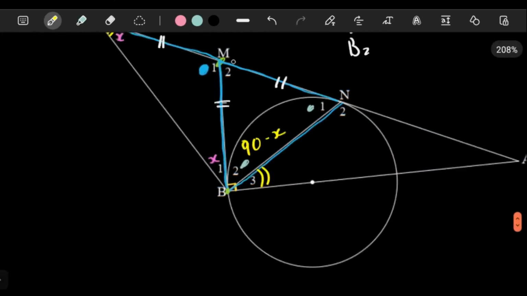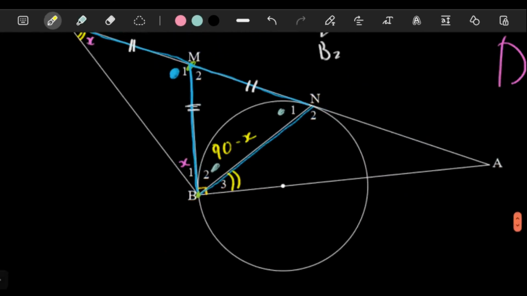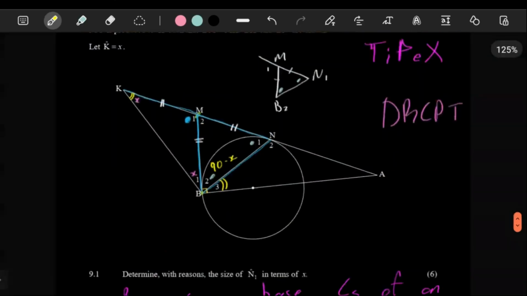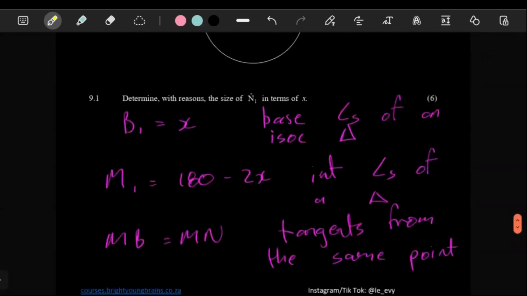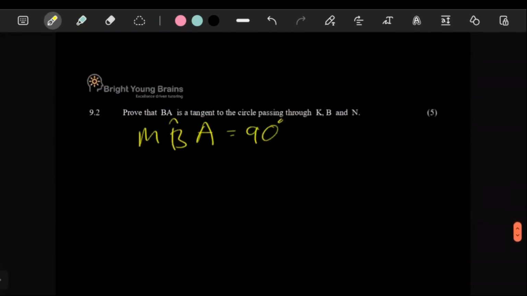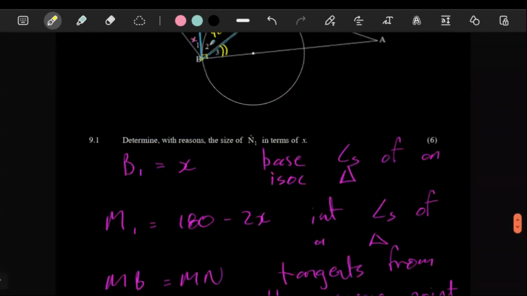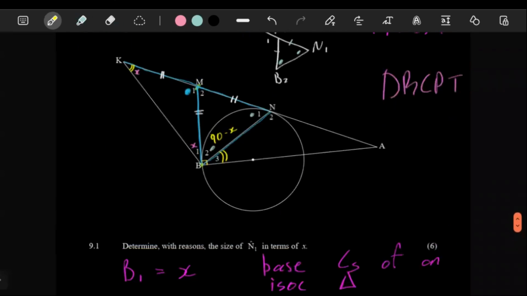Let's firstly tell them that MBA is a 90-degree angle. Let's do it. MBA is equal to 90 degrees. The reason for that is tangent perpendicular radius. And then we say this is equal to 90.